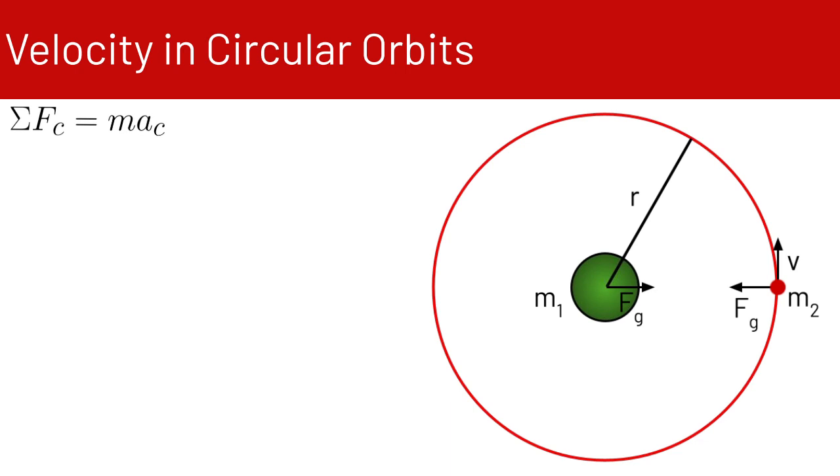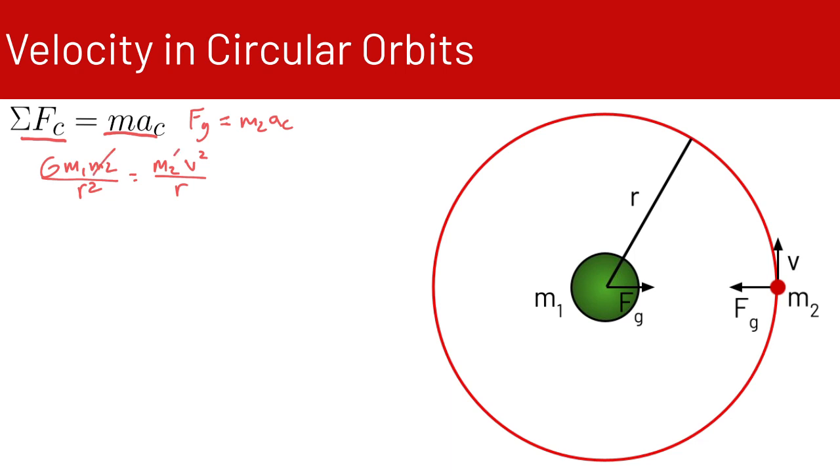When we're looking at forces in circular orbits, the sum of forces is the centripetal force. So we have mass times centripetal acceleration. So we have Fg is equal to m2 ac. So G m1 m2 over r squared is equal to m2 times ac, and ac is equal to v squared over r.